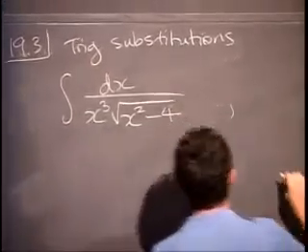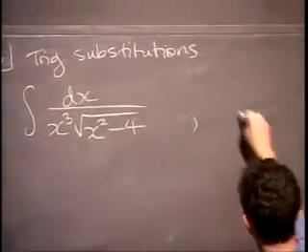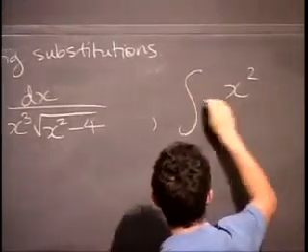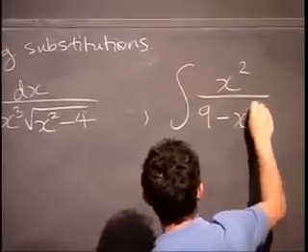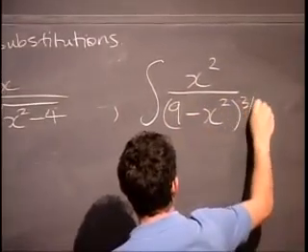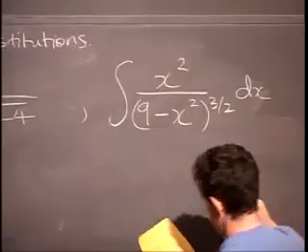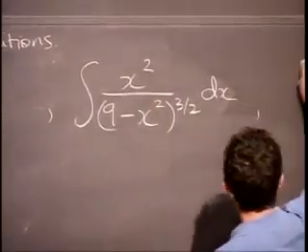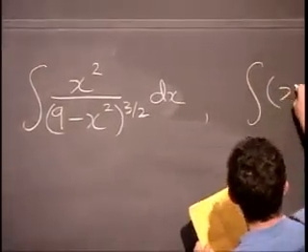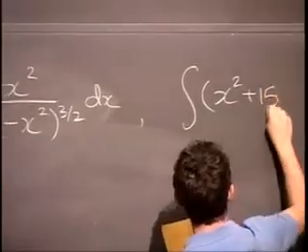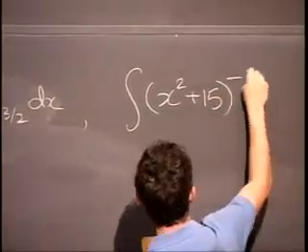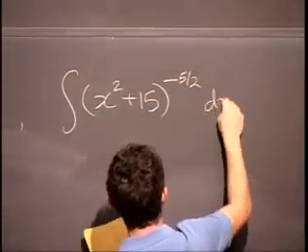So that's one integral. x squared over (9 minus x squared) to the 3 halves dx. And (x squared plus 15) to the minus 5 halves dx.